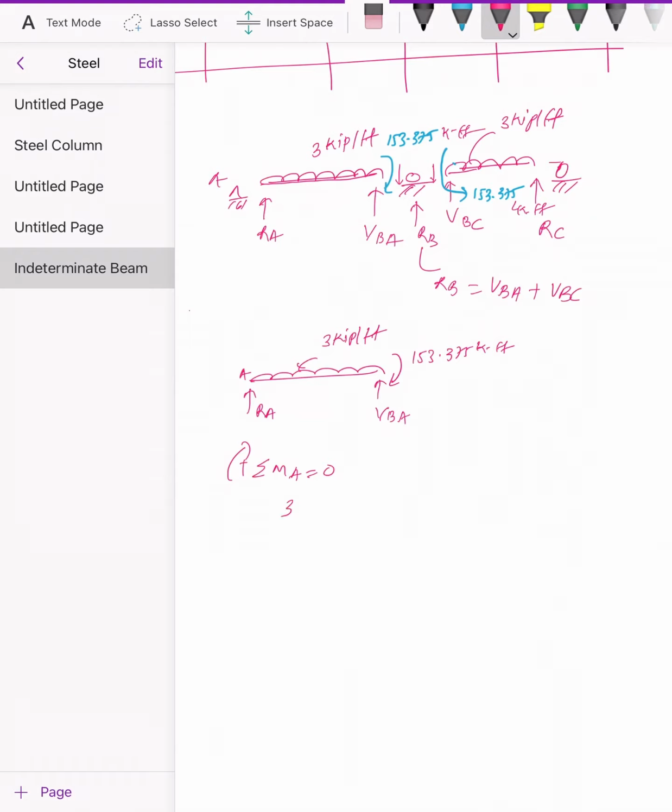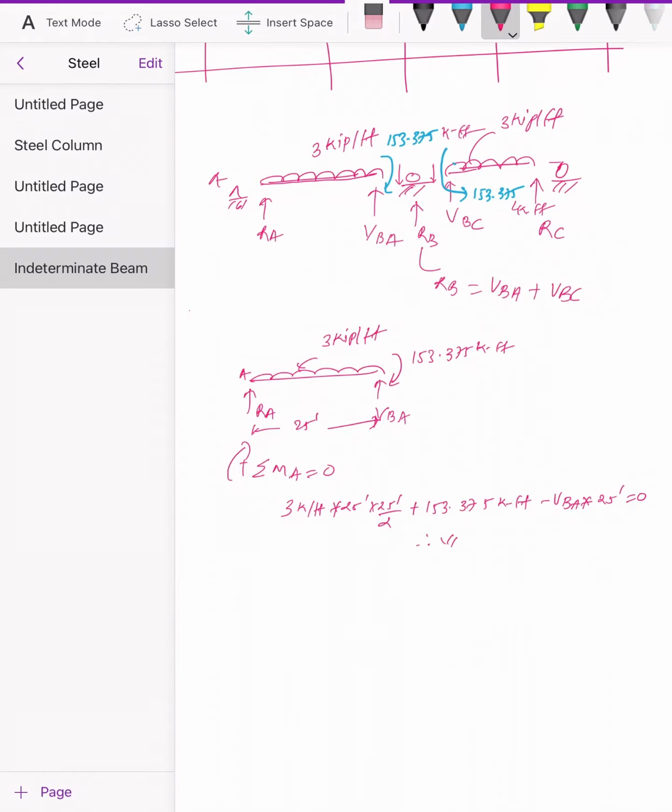So 3 kip per foot times 25 feet times 25 feet by 2, plus 153.375 kip-feet, minus VBA times 25 feet equals 0.